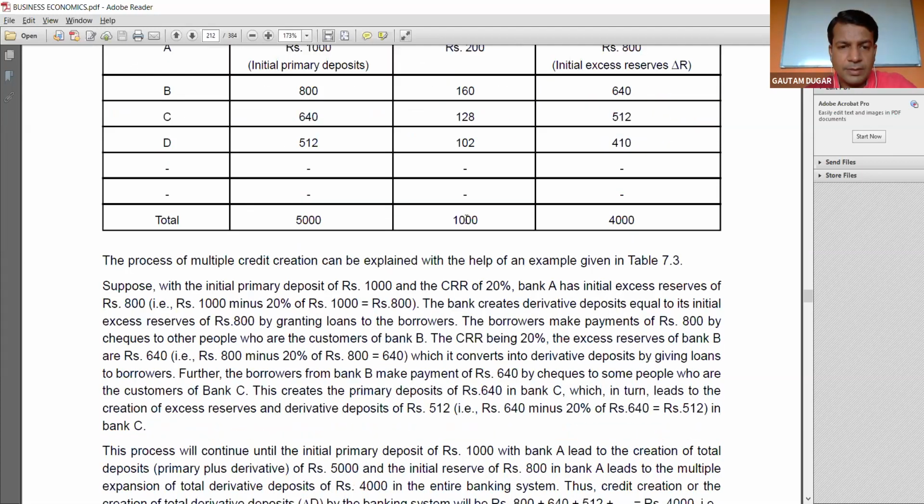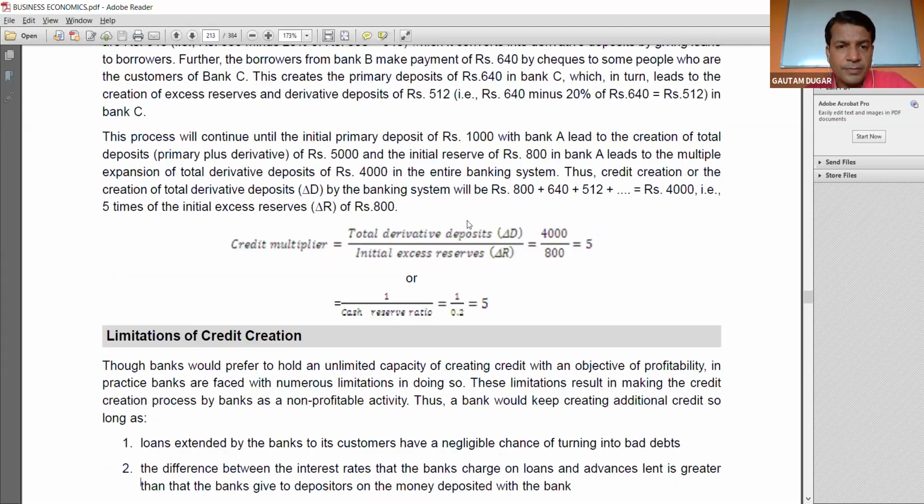Next, limitations of credit creation. What are the limitations of credit creation with the banks? Obviously, there are several limitations on the power of banks to create credit. One is the reserve ratio specified by the Reserve Bank.